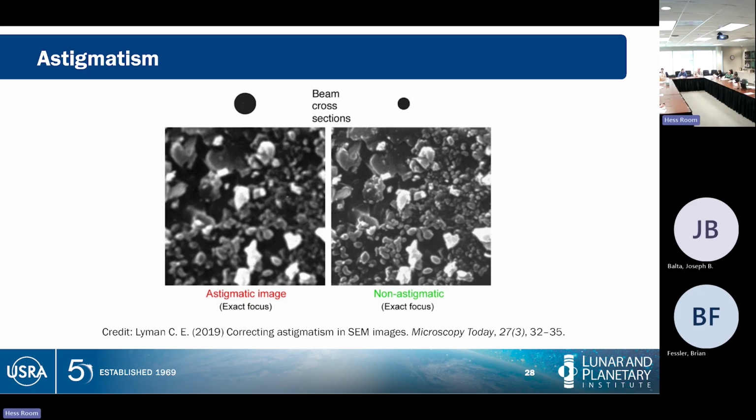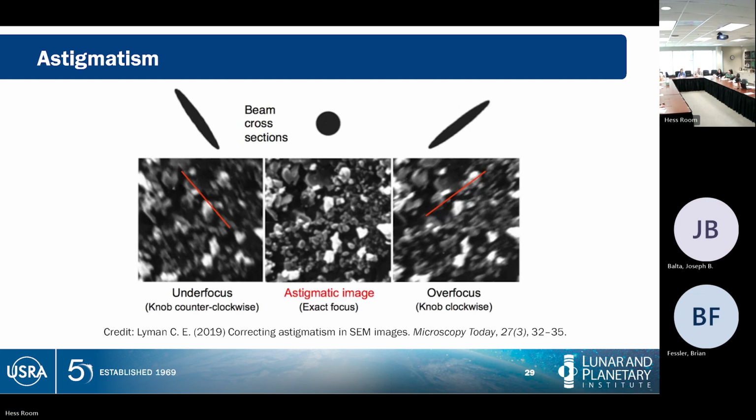So if you're dealing with the astigmatism section, here is an astigmatic image. Here is one where the magnets have been adjusted to allow that to be corrected. Astigmatism shows up most, and you can recognize it, when you go slightly out of focus. If I have my beam precisely focused on my sample, and I just can't get as good of an image as I want, that might mean astigmatism has shown up, so that my beam is getting deflected and not coming to a full focus.